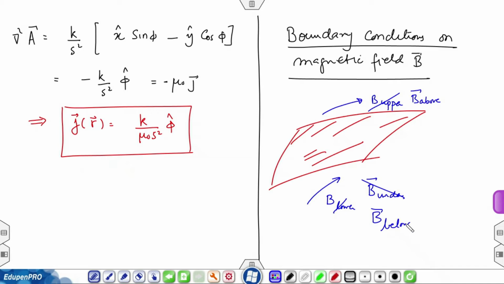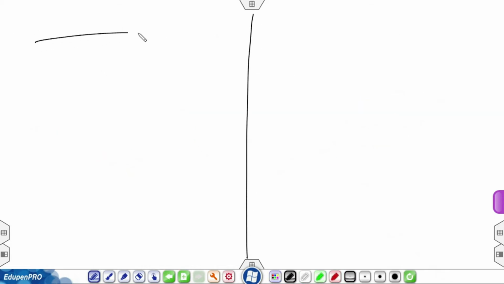Just like electric field satisfies boundary conditions on a surface, so does magnetic field. But it is a slightly more subtle concept here mathematically and to visualize it. So, here is the surface. I am now making it one dimensional, and here is B below, and here is B above. Let us first concentrate on the perpendicular component of the field. For this, I will consider a small box on the surface, very small radius.